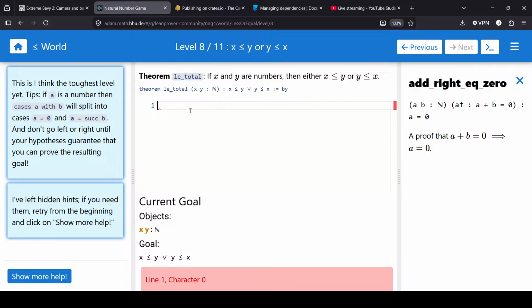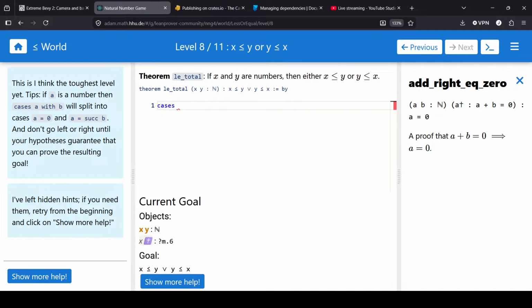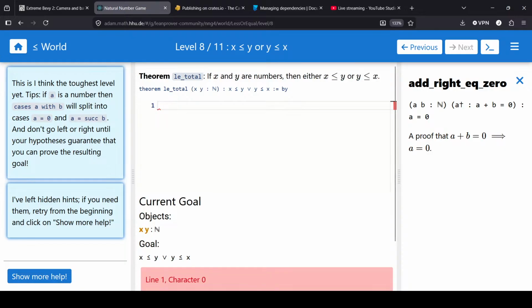I feel like I want to start with the cases. Oh, but no, I don't have a thing I can cases on. Don't go left or right until you can prove the resulting goal. Oh, geez.